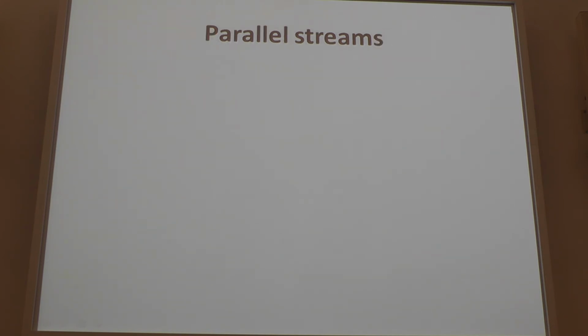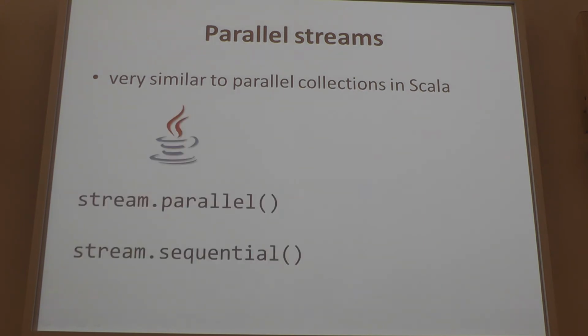Also, Java 8 comes with parallel streams. And again, these are very similar to parallel collections in Scala, because if you have a stream, you can call the parallel method that will create a parallel implementation of that stream, and you can go back by invoking the sequential method.